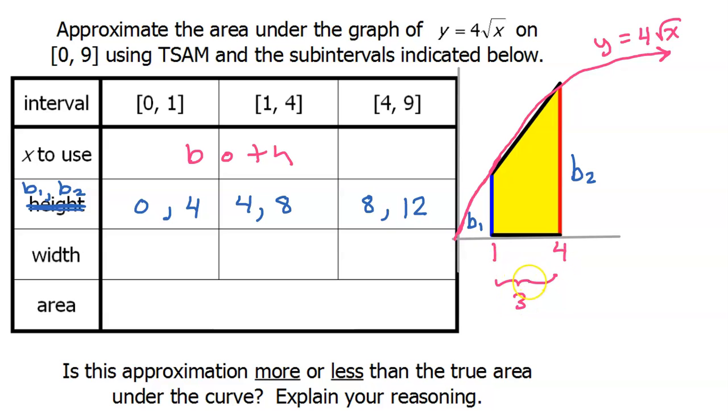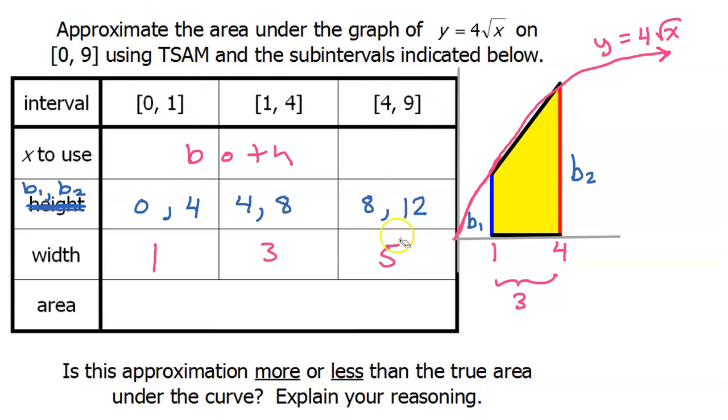All right, it's like 4 minus 1. So for this interval, the width is 3. Okay, between 4 and 9, the interval from 4 to 9 has a width of 5. Between 0 and 1, that interval has a width of 1. So that's the width of each trapezoid.